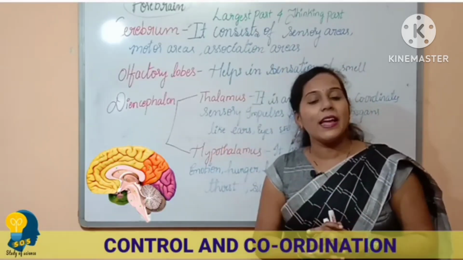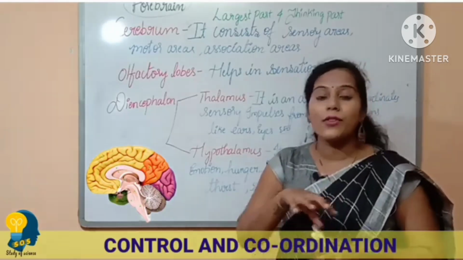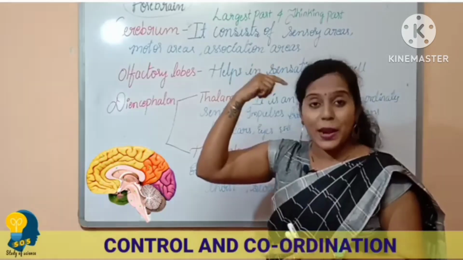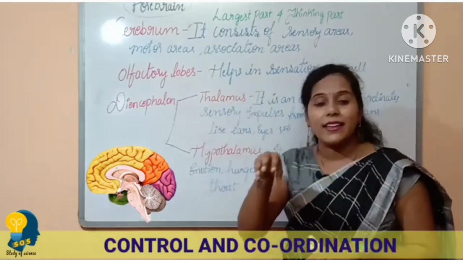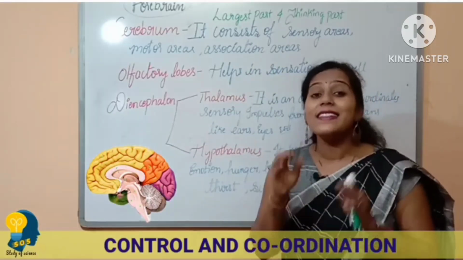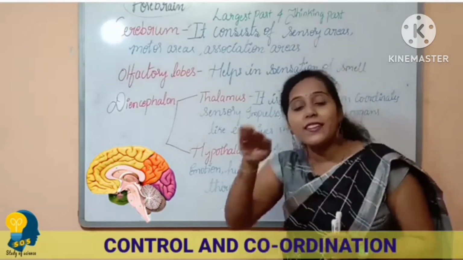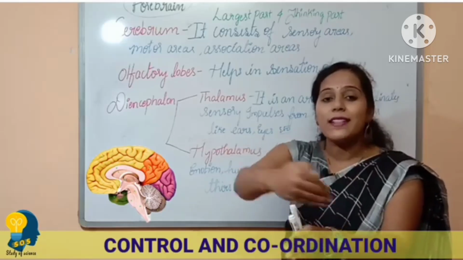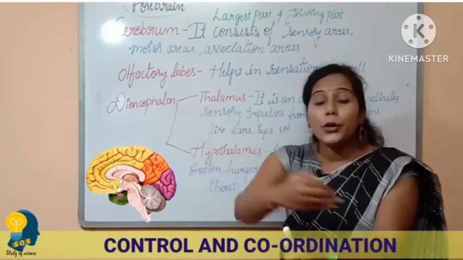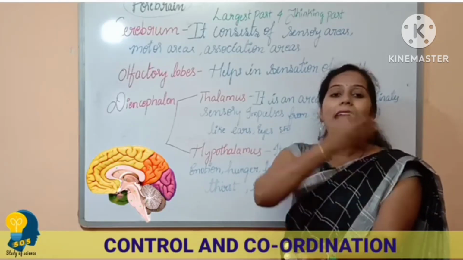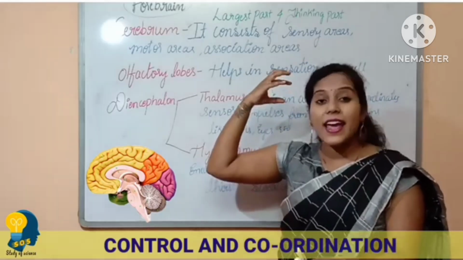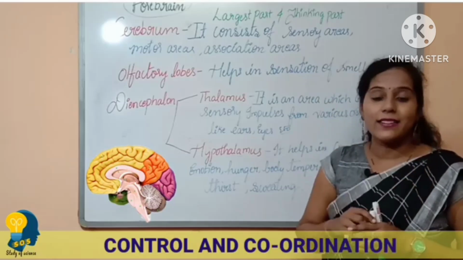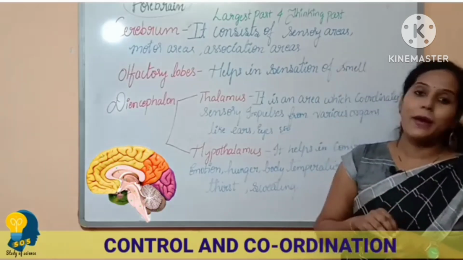I repeat, the sensory areas present in the cerebrum help in recognizing the sensation from the external environment. That means the input of sensation will be carried to the sensory areas, and the sensory areas will recognize the things from the external environment.